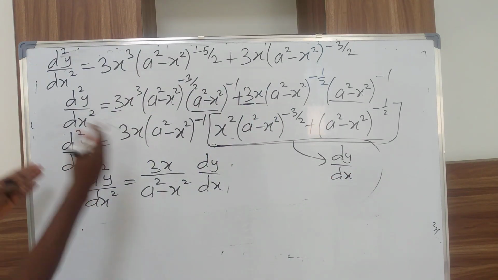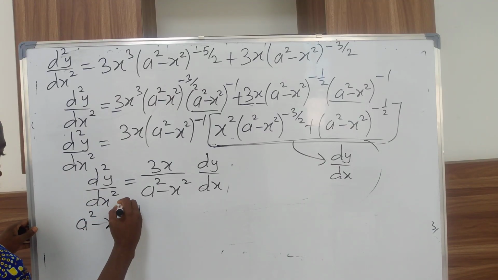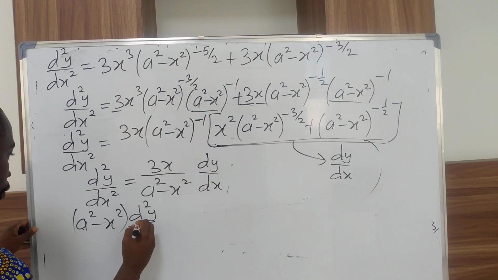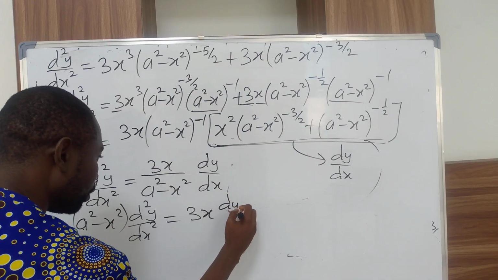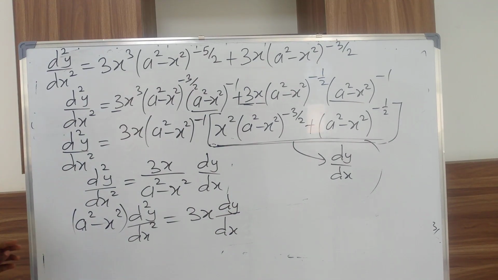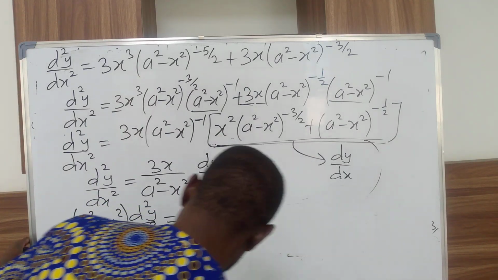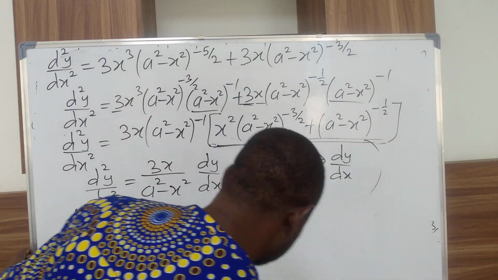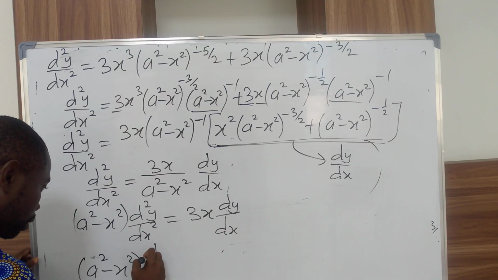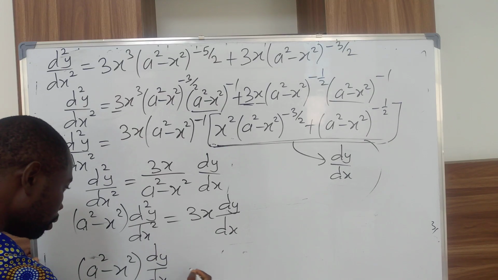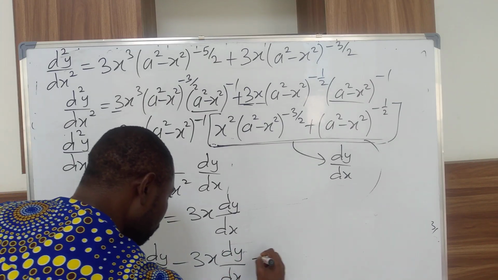Alright, so if I cross multiply, I'm going to have a squared minus x squared, d squared y over dx squared is equal to 3x dy/dx. So you can give your final answer as a squared minus x squared d squared y over dx squared minus 3x dy/dx is equal to 0.